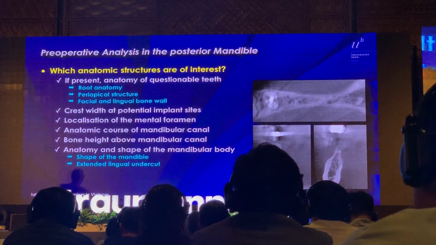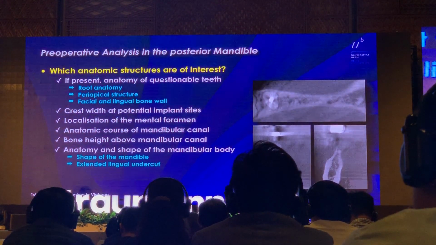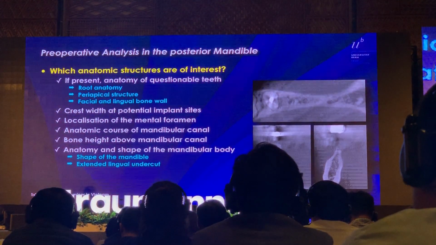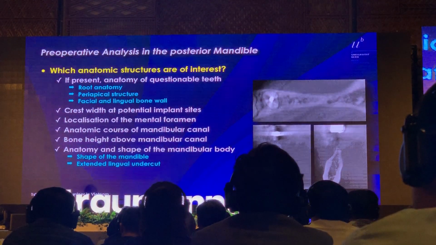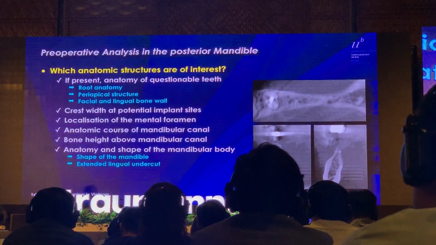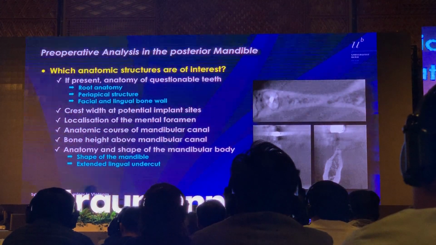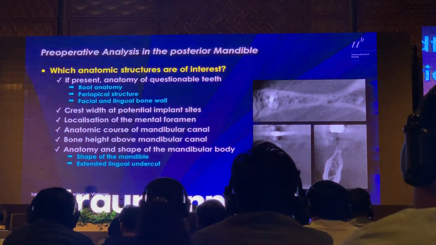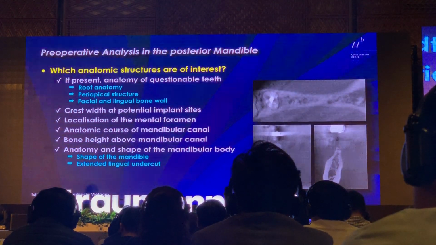So when we analyze patients in the posterior, we need to know what we are dealing with. First is always a clinical examination. That means you take your finger and feel for the undercut. Is there undercut? Take the finger on the other side, how is the shape of the mandible?